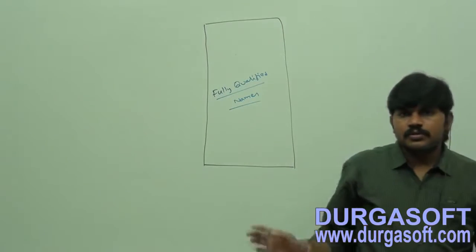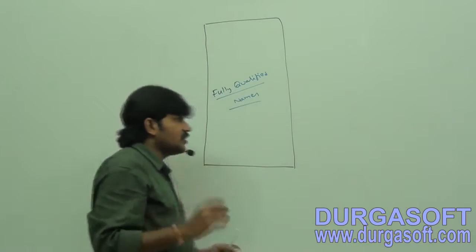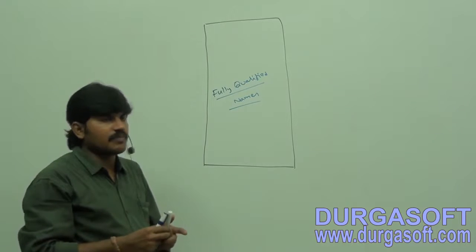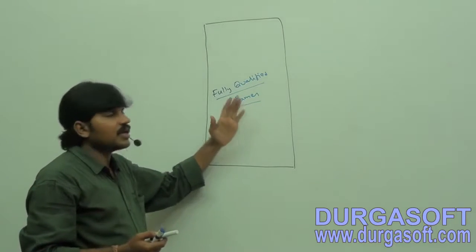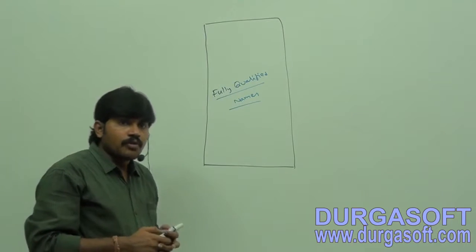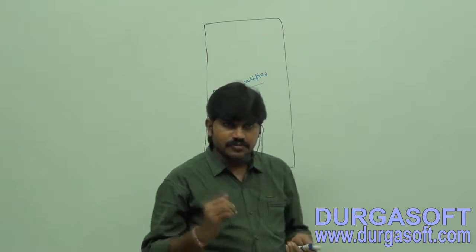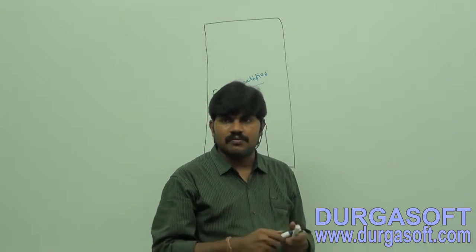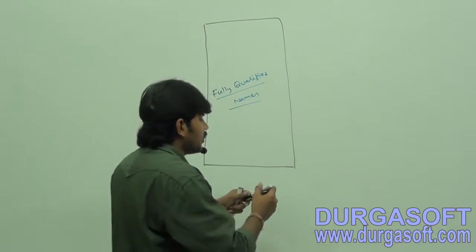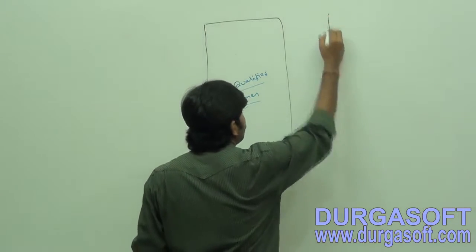Now someone suggested that writing fully qualified names every time is not good, because readability is going to go down. Why don't you use an import statement? It is better to use import, someone told me. Then immediately I wrote another program.